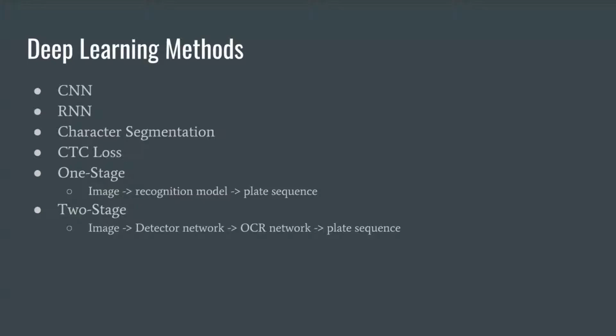The two-stage approach splits these apart into separate networks and does not sum their losses. This would involve passing an image into a detector network to detect the license plate, taking a crop of that license plate from the detector network, running a character recognition network on that, and then returning a plate sequence. So you can see here we'd have one large network trained to optimize both recognition and detection loss, and the two-stage method would be optimizing them each individually.